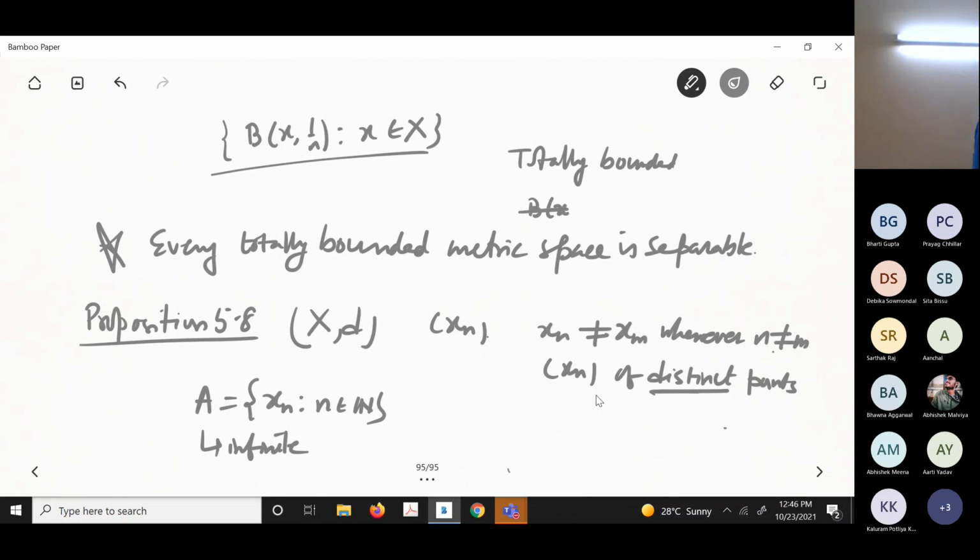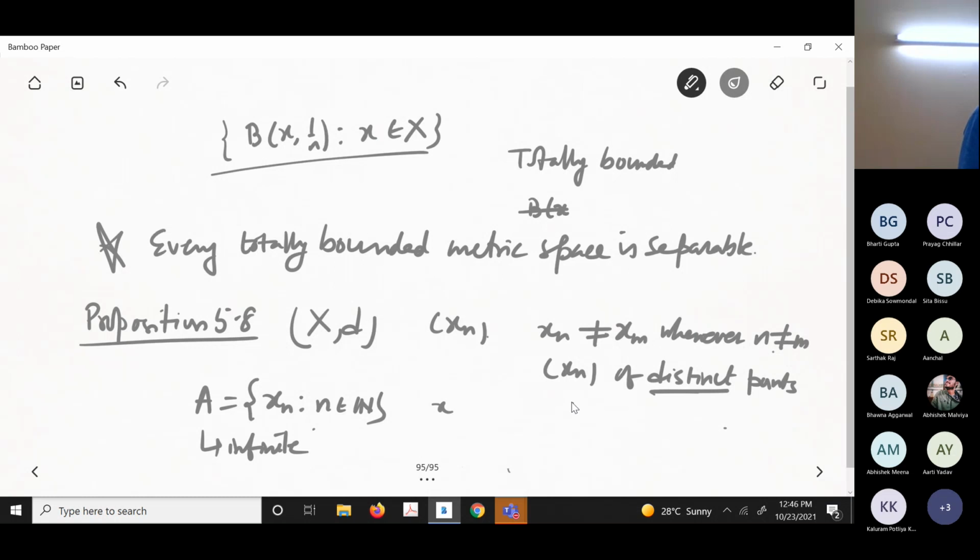But the problem is that with this, I will only get a sequence coming from A if x belongs to the closure, an accumulation point. If A has an accumulation point x, I will get a sequence coming from A converging to x, but there is no guarantee that it will be a subsequence of this.